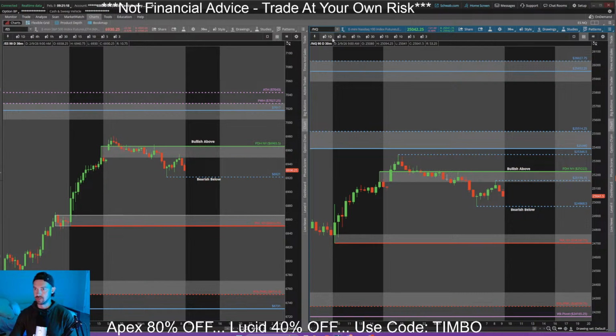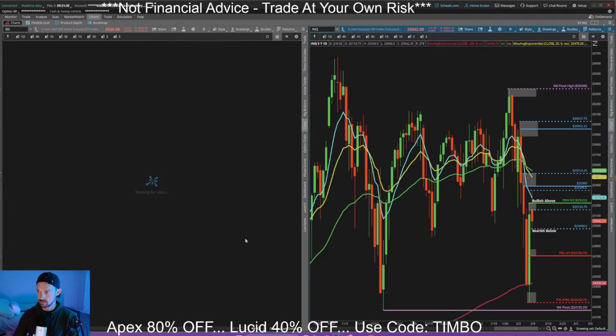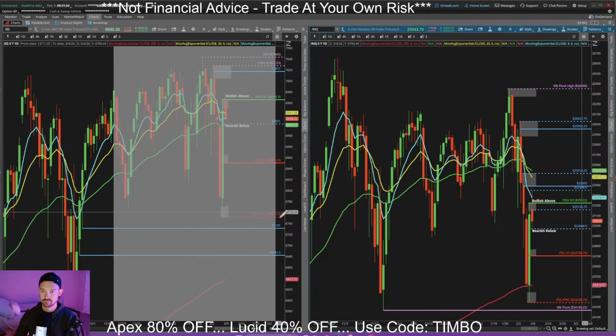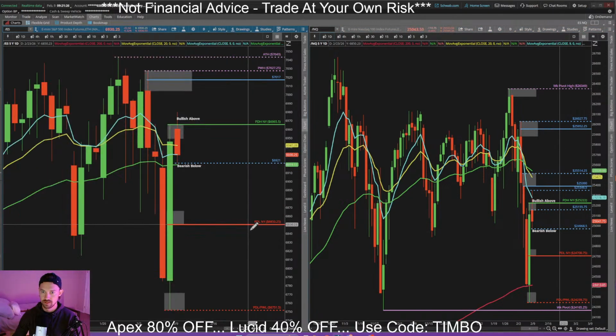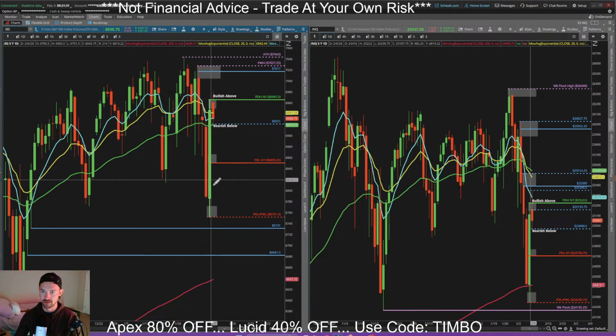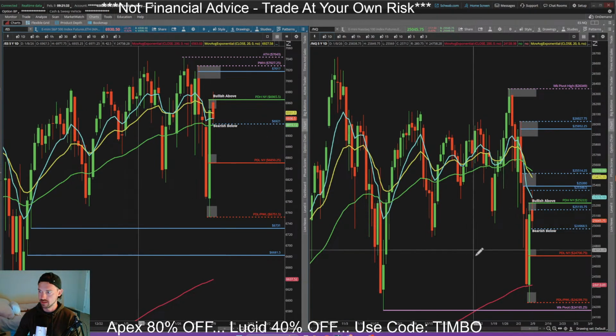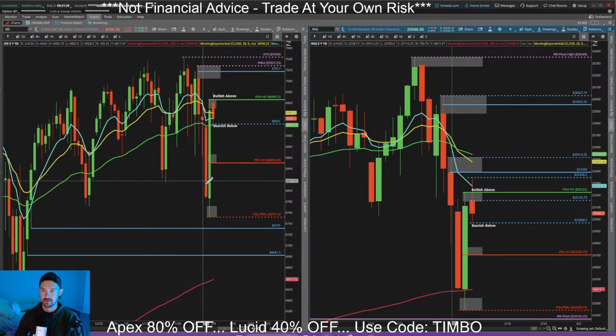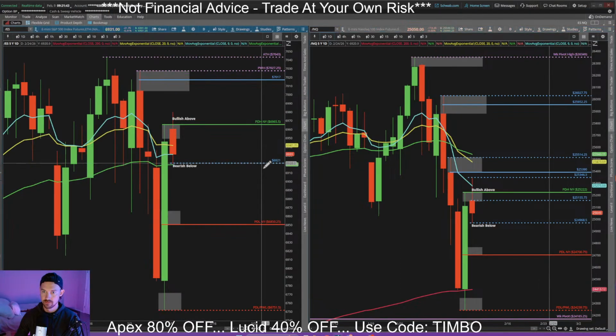And look at the daily candles here. We have this massive move back up on Friday. The bulls step back in on ES and NQ. And so far we got above Friday's high here.